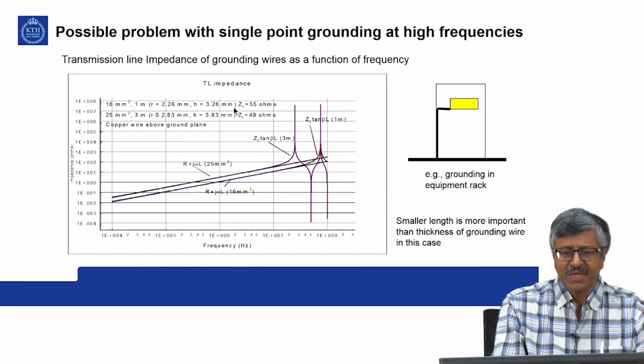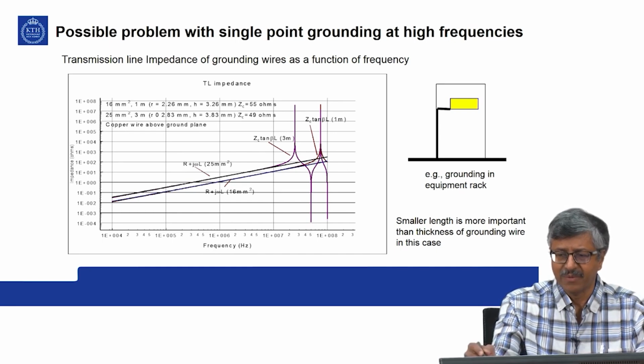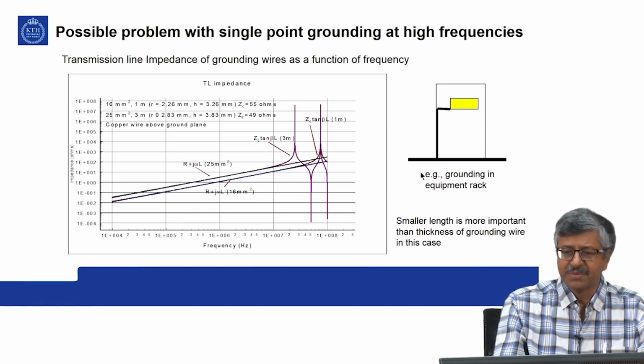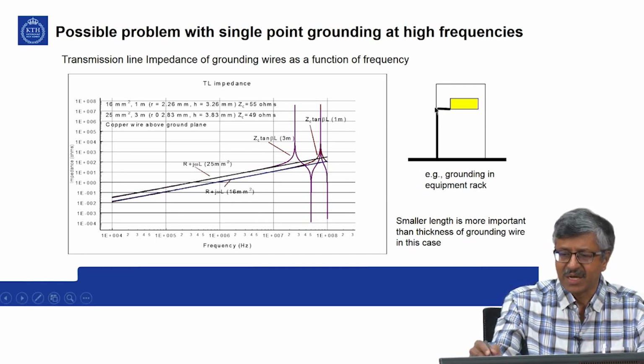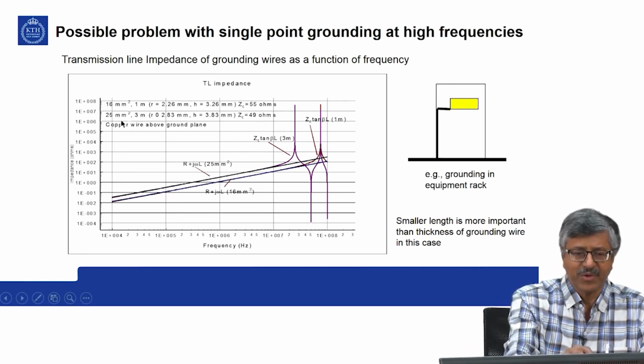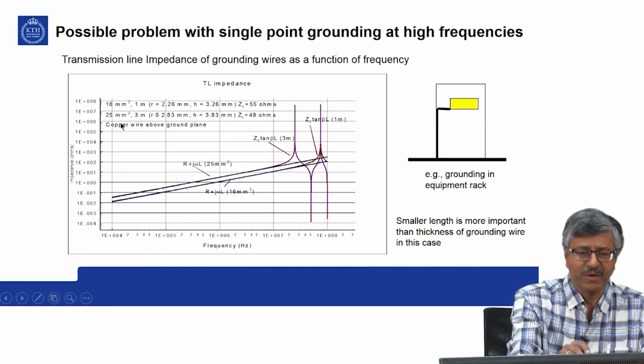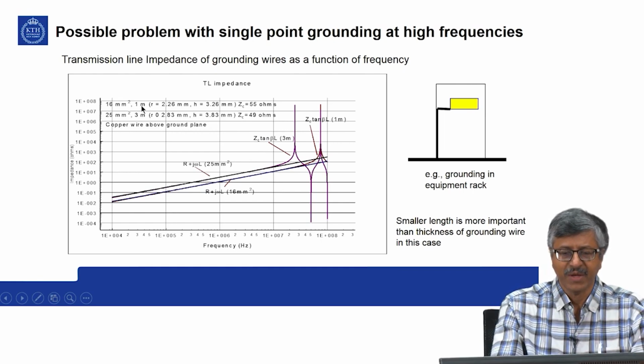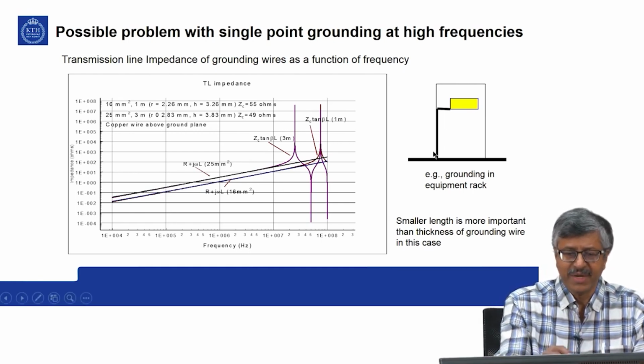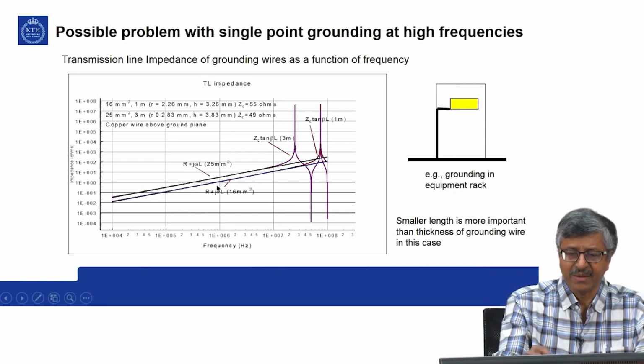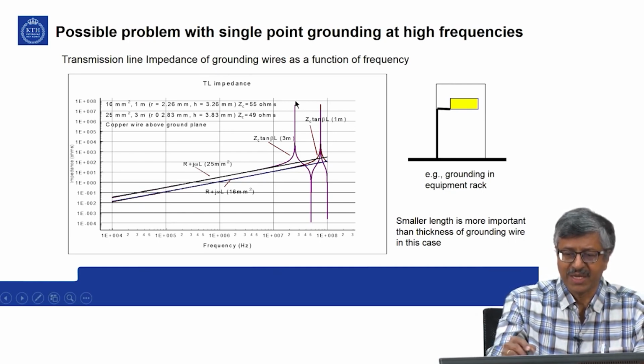So, this you have seen previously, but it is again shown just to illustrate one problem that one might encounter with single point grounding or with long ground leads. In this particular calculation, one equipment is grounded using two types of conductors, a 3-meter wire of 25 millimeters cross section and a 1 meter wire of 60 millimeter cross section, and its impedance is calculated, and it shows the resonance peaks and resonance lows.